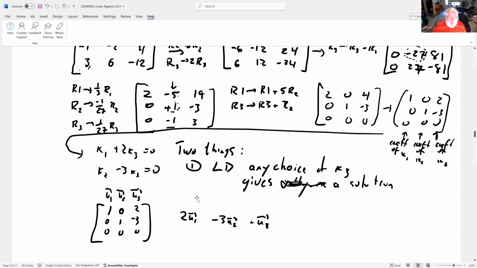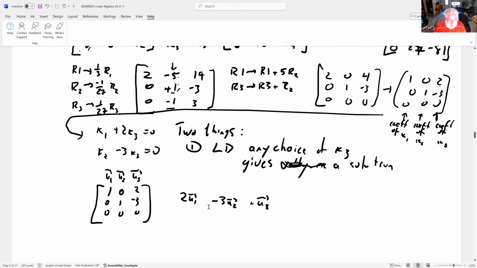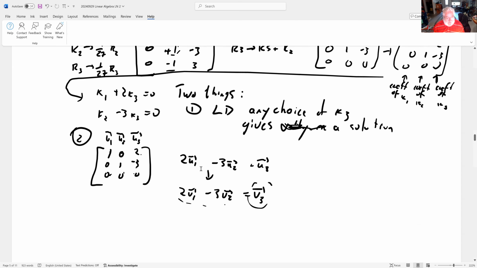And so if we go back up to our vectors here, that would correspond to 2V1 minus 3V2 equals V3. Right? And so V3 is actually in the span of V1 and V2. It's a linear combination of those. And so it's linearly dependent. So that's the second thing. Let's put a little 2 around that. That the columns in the row reduced echelon form tells us the relationship among the vectors.